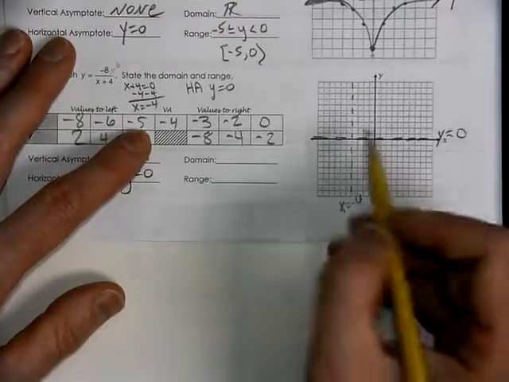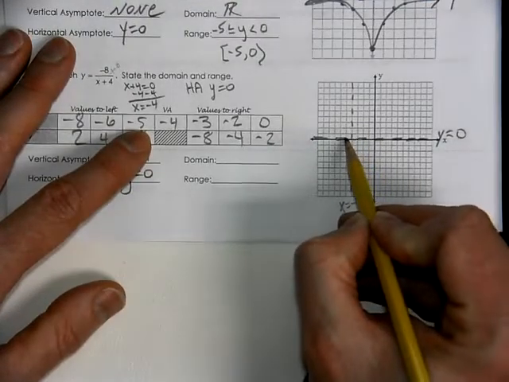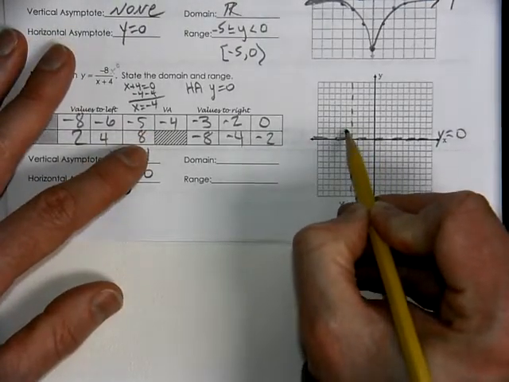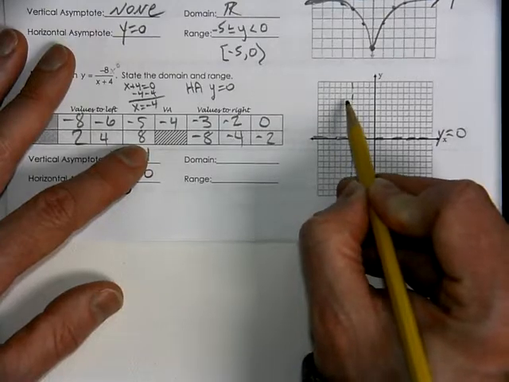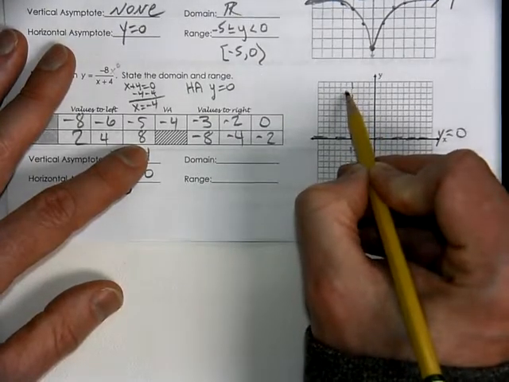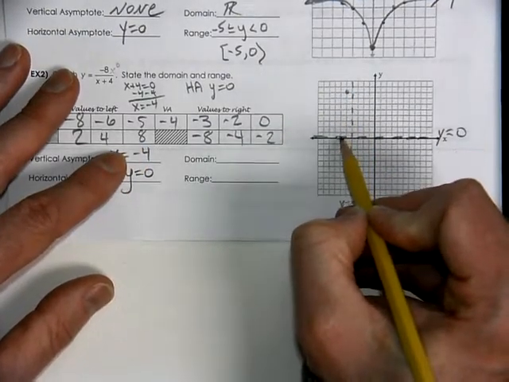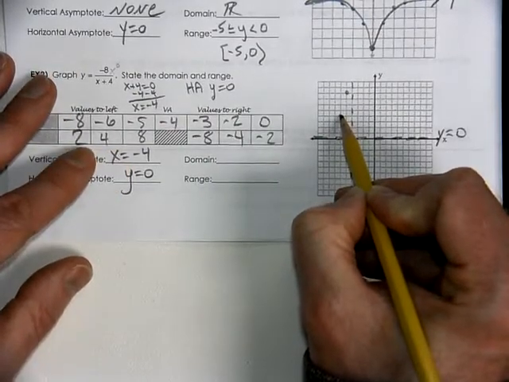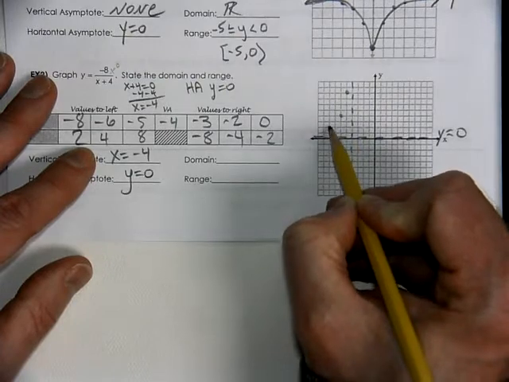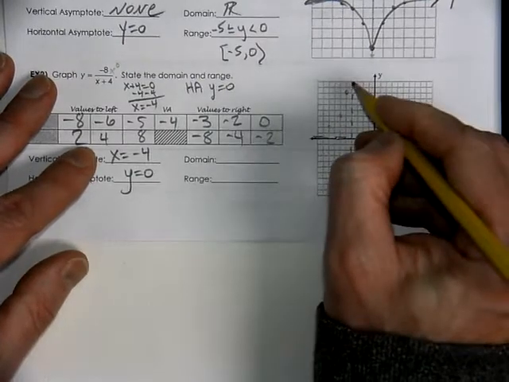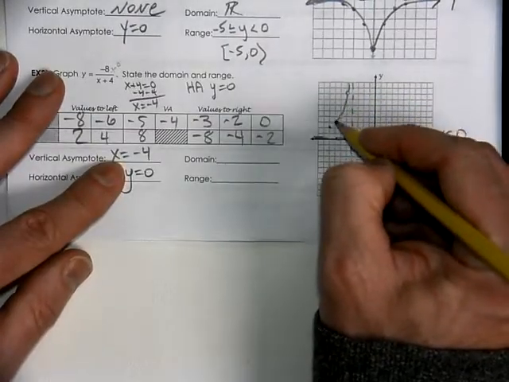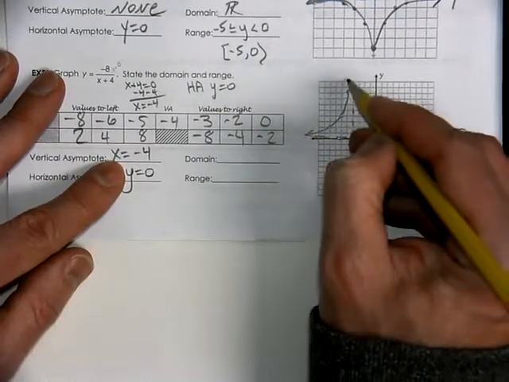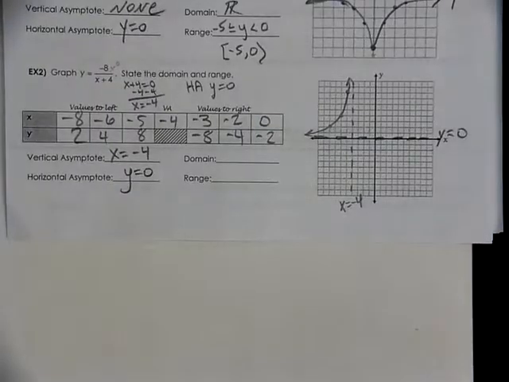So we're going to plot these points. We go to -5, up to 8, -6, up to 4, and -8, up to 2. So we know our branch of our hyperbola is going to be right there.